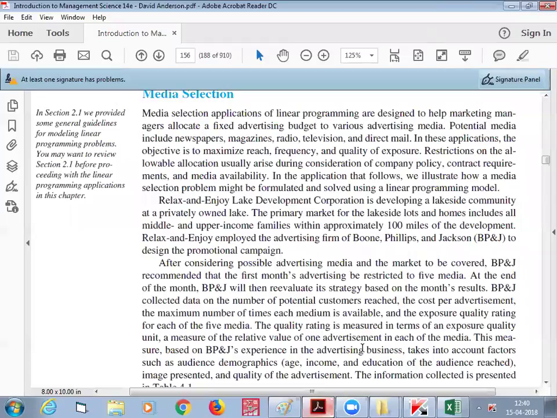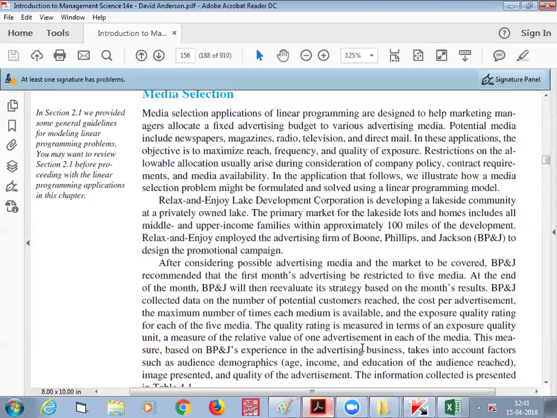Potential media include things like newspaper, magazines, radio, television, mail, and so on. In these applications, the common objective is to maximize reach, frequency, and quality of exposure. Restrictions on the allowable allocation usually arise from consideration of company policy, contract requirements, and media availability.